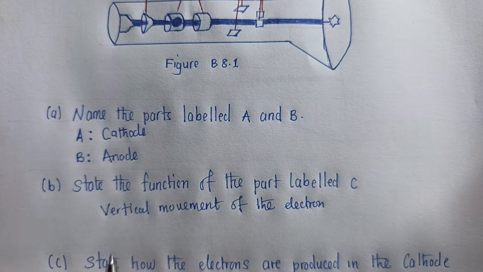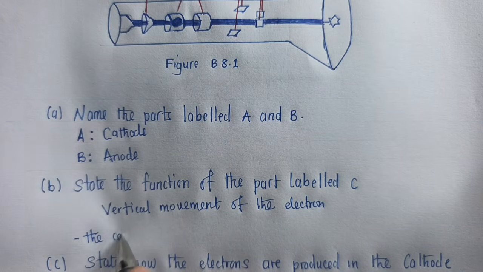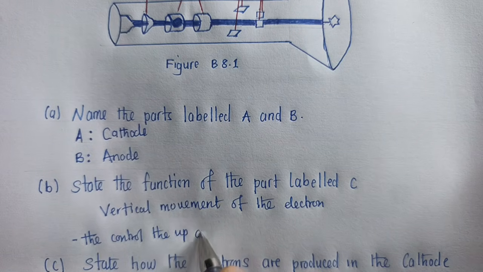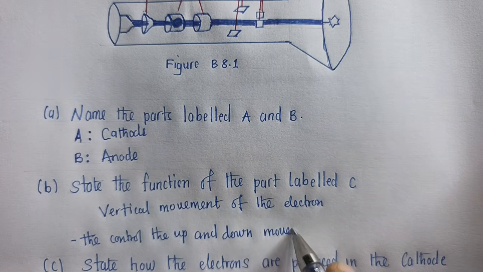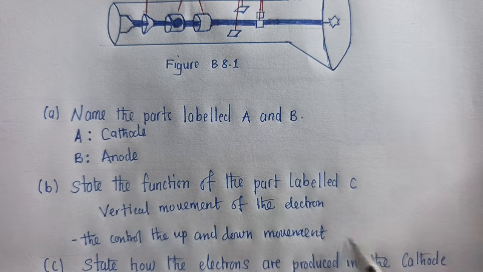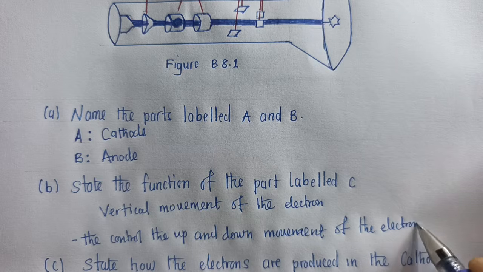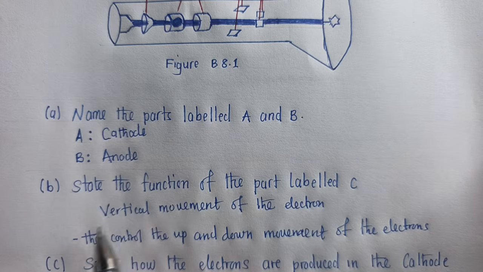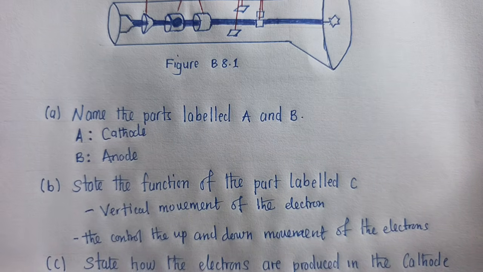So you can say they control the up and down movement of the electrons. So this is one of the solutions also. Start with control, vertical movement of the electrons.